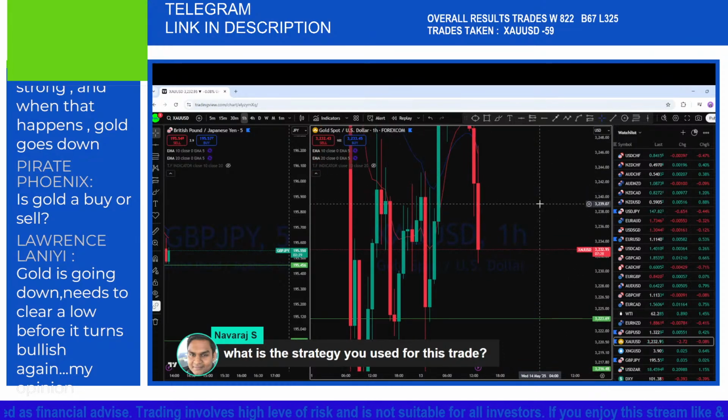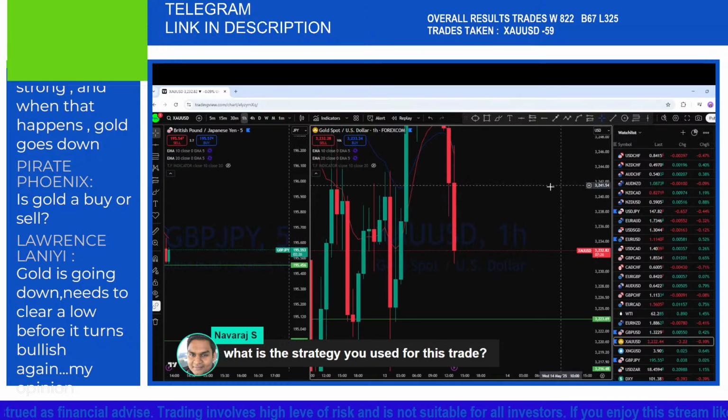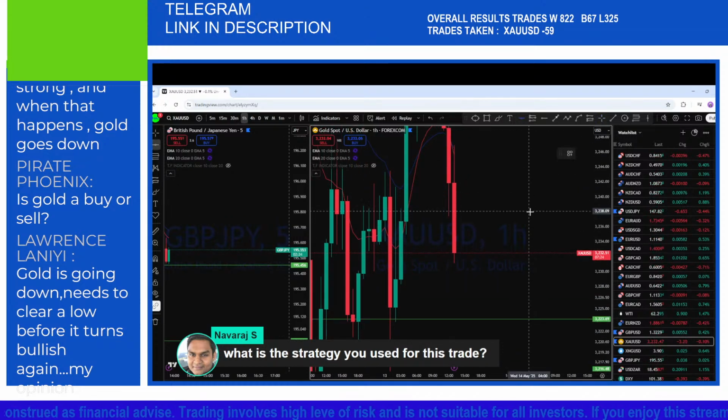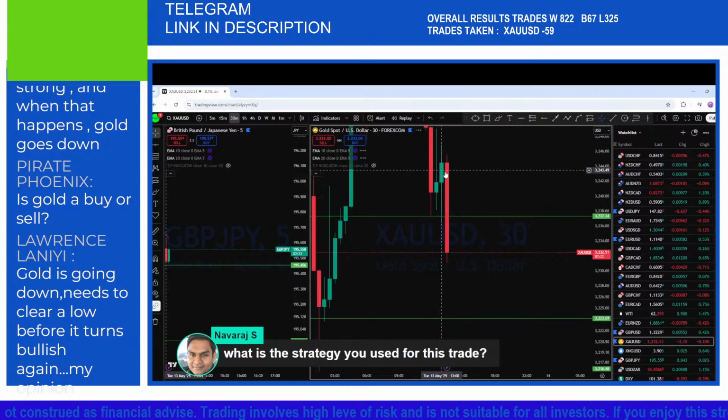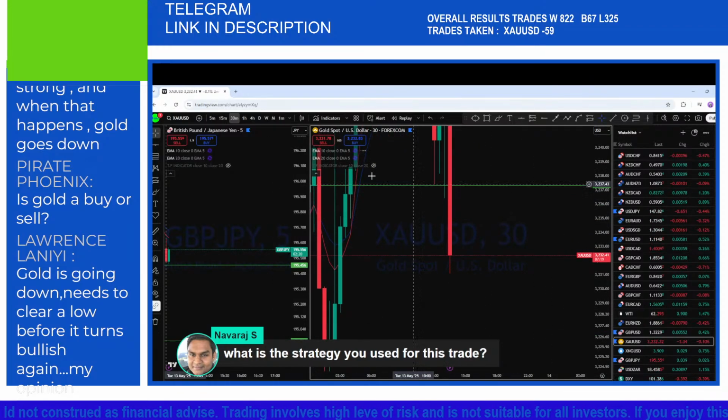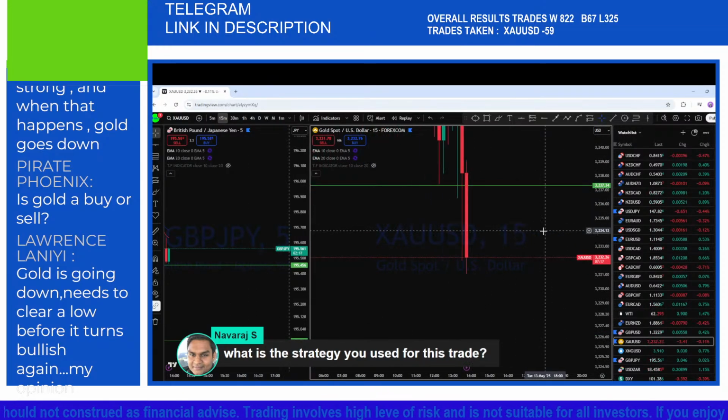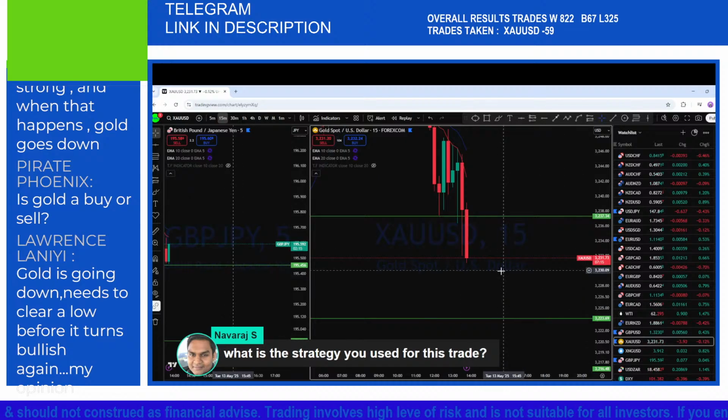Before the 1 hour candle close here, we can see the price in this support, which is showing the probability to come back here.